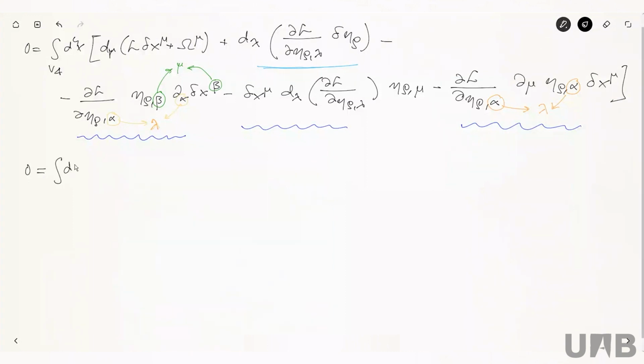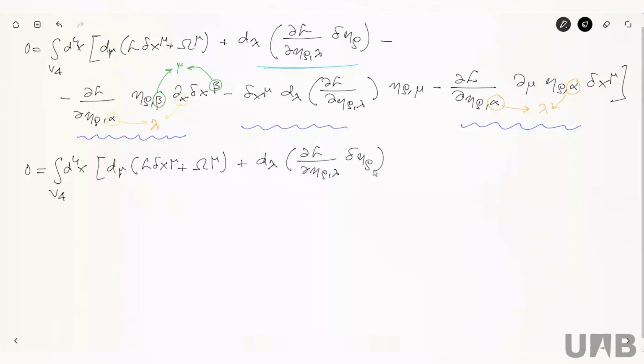So that's the advantage of this. Now the d4x is as before, and this part is the same, d mu of L delta x mu plus omega mu, plus d lambda of dL with respect to eta rho comma lambda, delta eta rho.